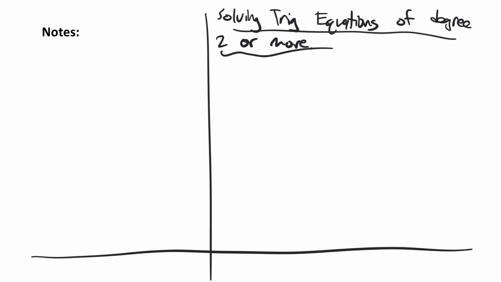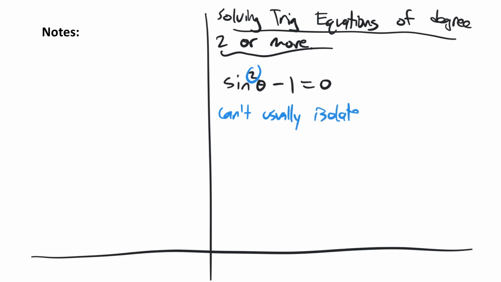So this is where you have something like sine squared theta minus 1 equals 0. The problem here, of course, is the degree 2. Because of this, we can't usually isolate. Instead, we have to use factoring.